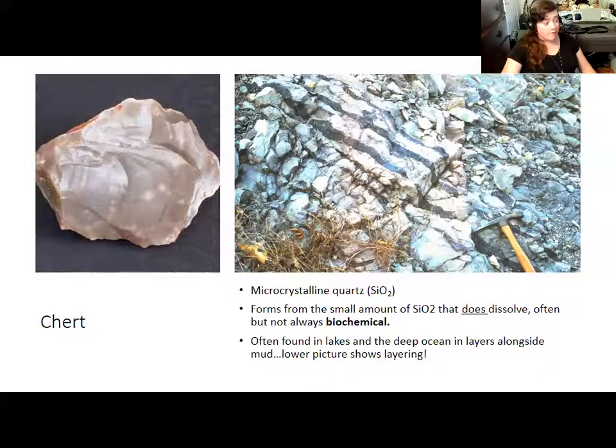And also chert can be formed by living organisms. There are some types of phytoplankton that, instead of building their shells with calcium carbonate, build their shells with chert, or basically a variety of quartz instead.